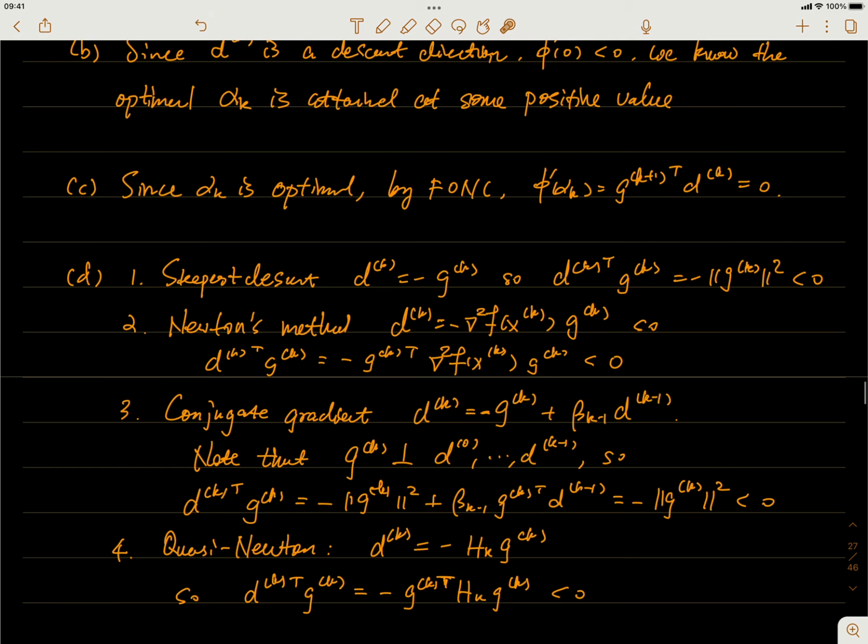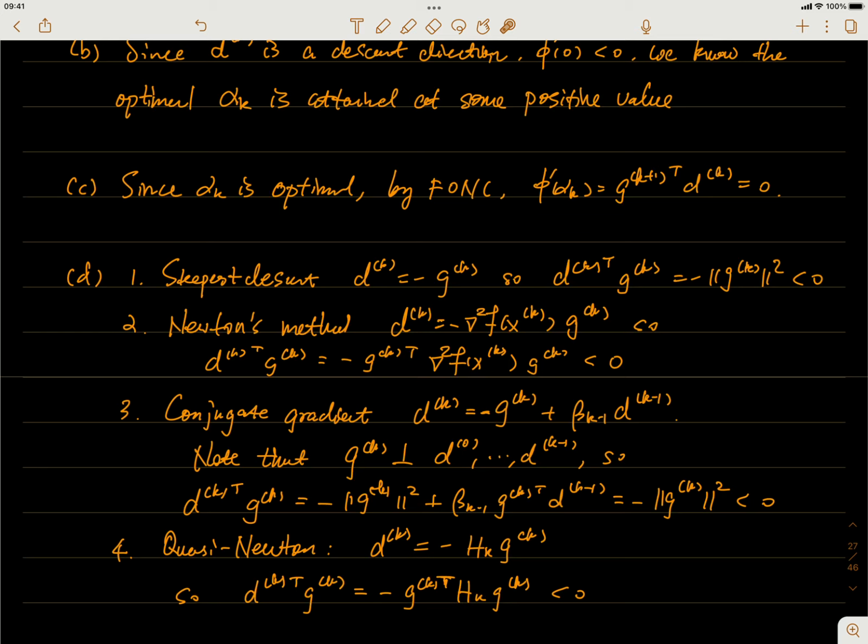Okay, to show that the steepest descent method satisfies the condition that this inner product is less than 0, we just recall that in the steepest descent, dk is just set to the negative gk. So in this case, the inner product of the two is just the negative of the norm of gk squared, and that must be negative because gk is non-zero.